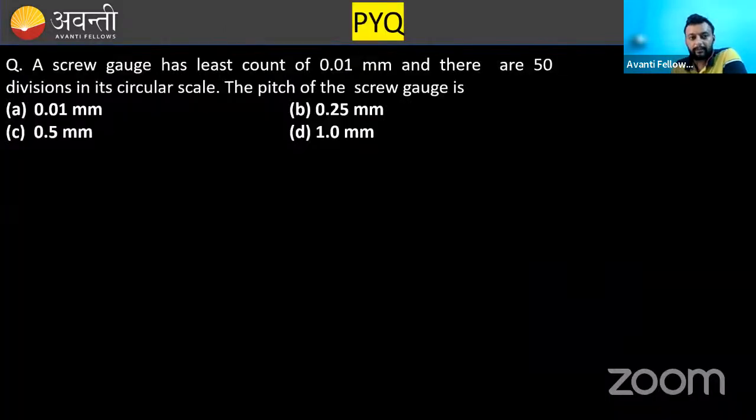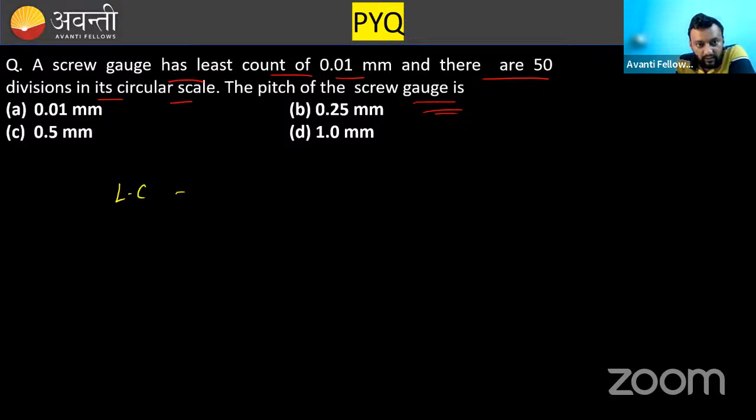Solve this one question. A screw gauge has a least count of 0.01 mm and there are 50 divisions in its circular scale. The pitch of the screw gauge is, in 2020 this question was asked.